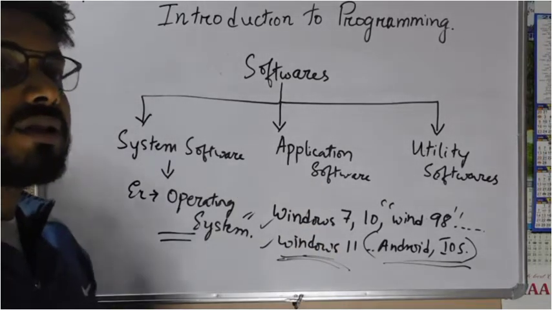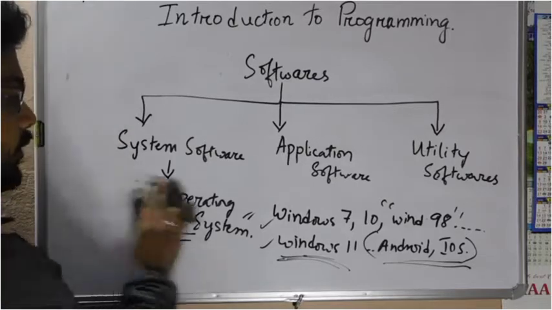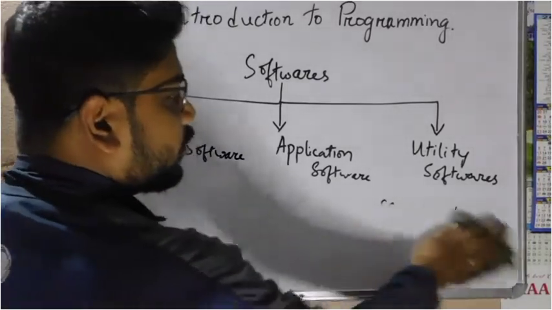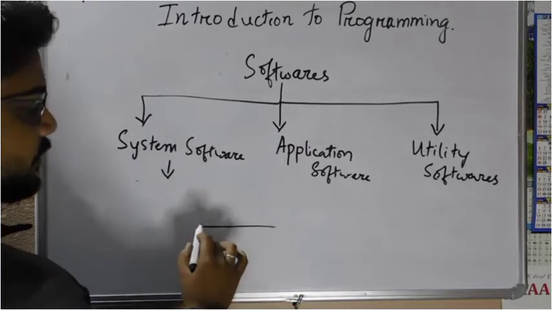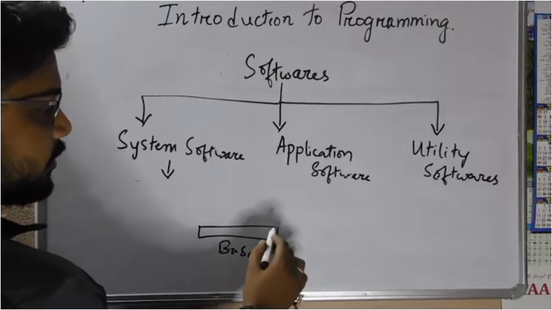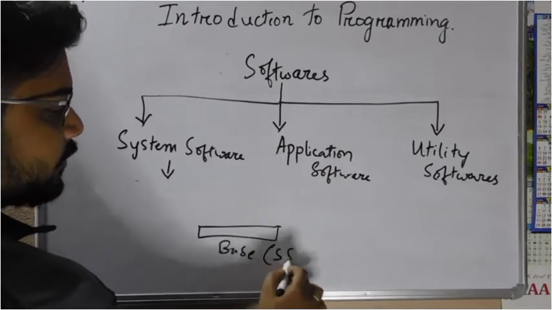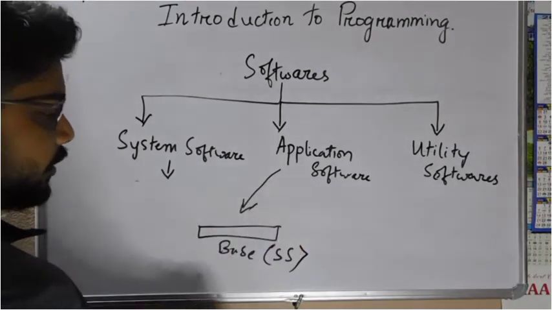So operating system is such a software. To give you a clearer view, let us assume that system software is just like the base, on top of which application softwares can run.